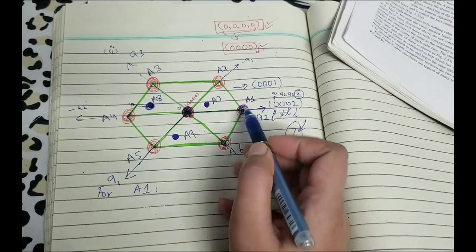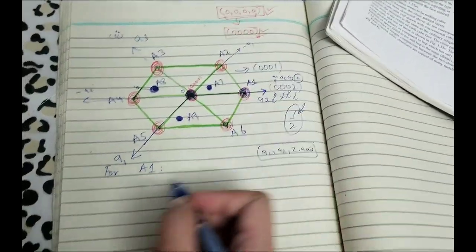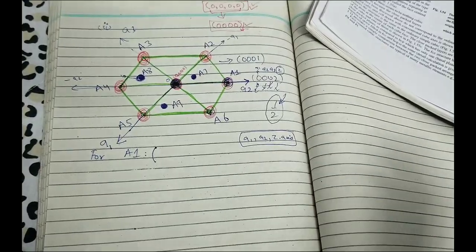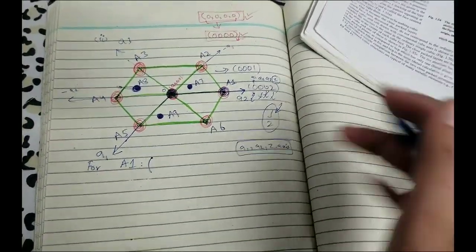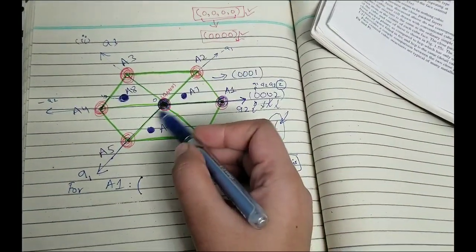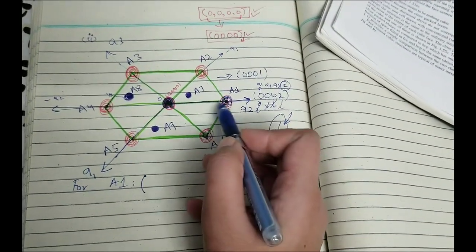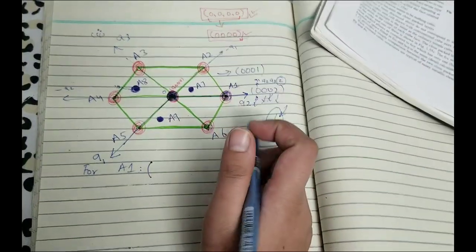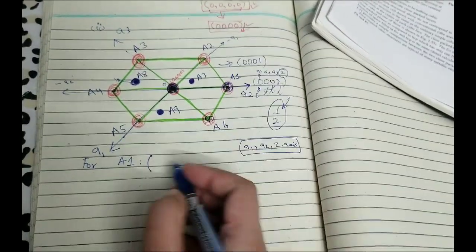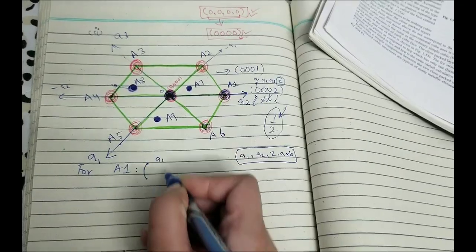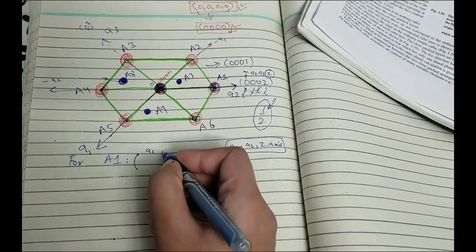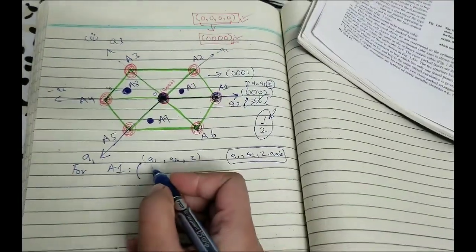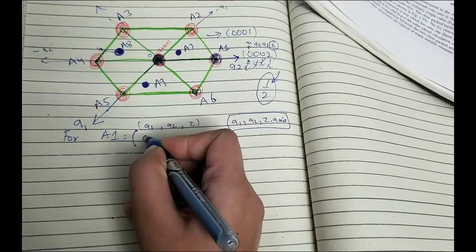So the coordinates will be, we are writing the coordinates, keep that in mind. We do not need to move along the A1 axis because we just need to move along the A2 axis and we'll reach the A1 atom. So the first digit corresponds to A1, the second digit corresponds to A2, and the third digit corresponds to Z. So for A1, we do not have to move along A1.